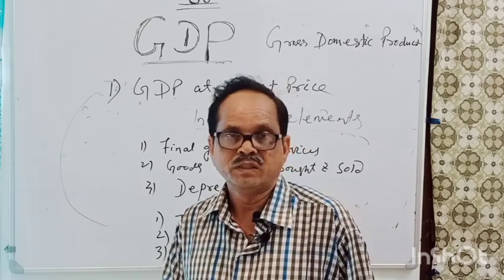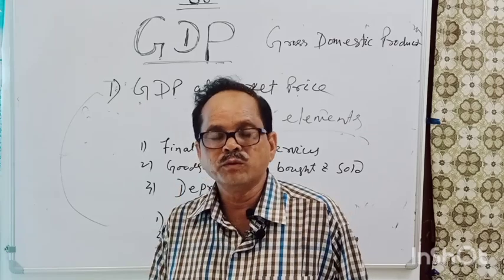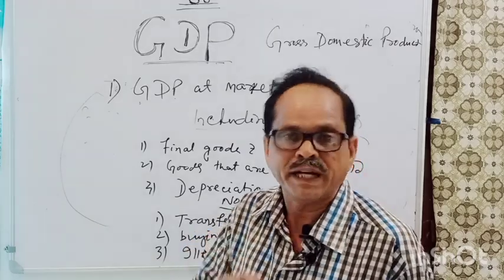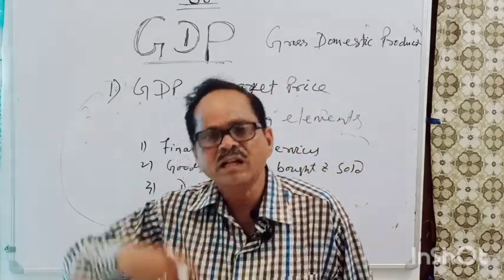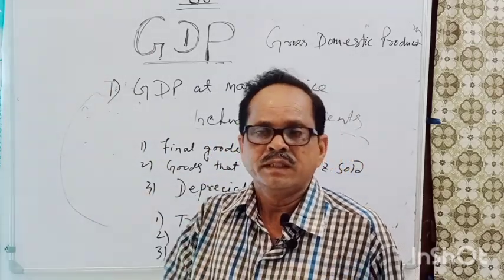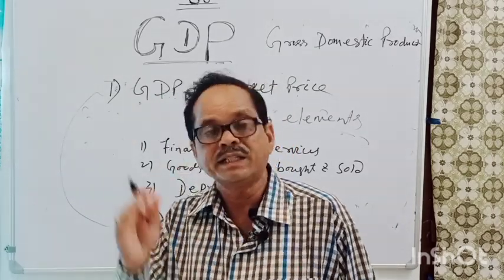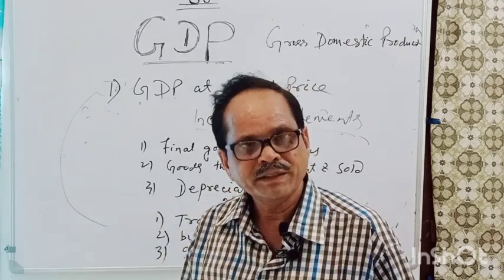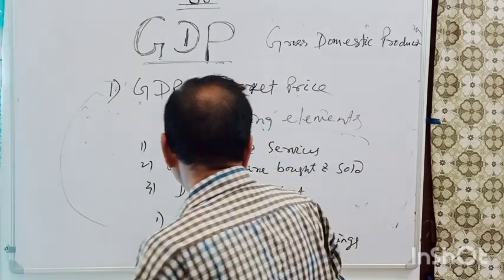Suppose old age pension, maternity benefit, widow pension, unemployment benefit, and student scholarship, etc. These people get these benefits without providing any special labor, but they are earning from different sources. Transfer earning means earning without any labor.